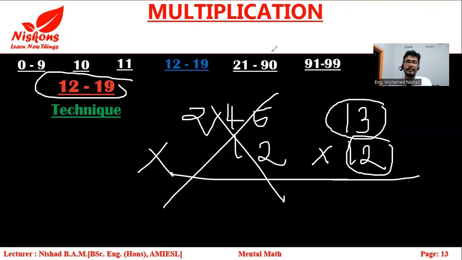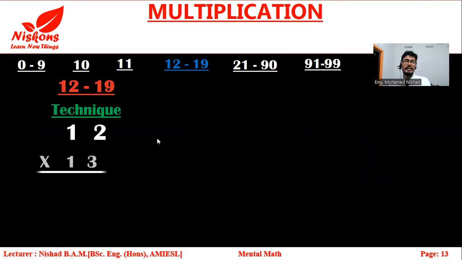As an example, if we are going to calculate 12 times 13, the technique is, we have to multiply this 3 times 2. So 3 times 2 will be equal to 6, right? So that 6 will come over here.